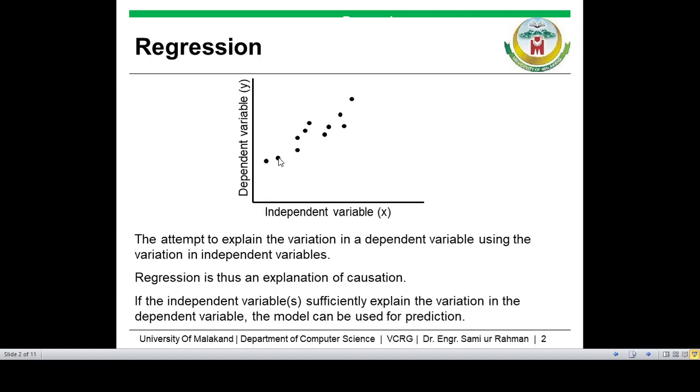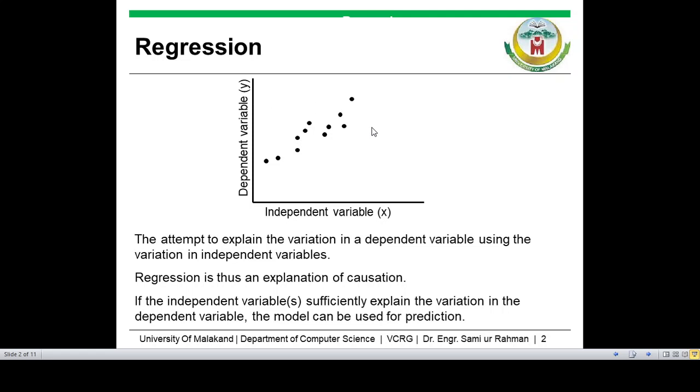Now when we consider this sample, the x is here and the y is here. Similarly, for this sample the value of the x variable is here, but the value for the y variable is here.